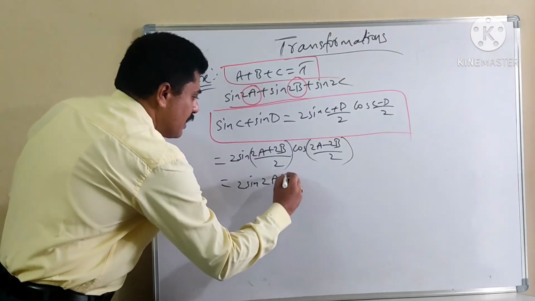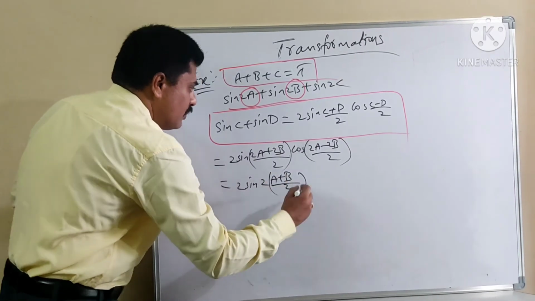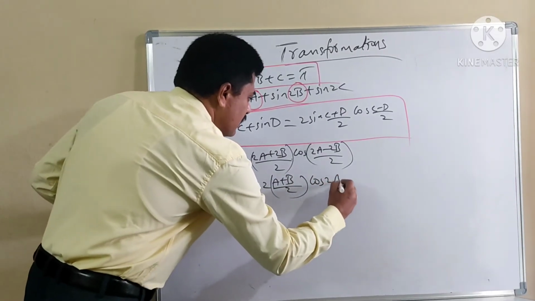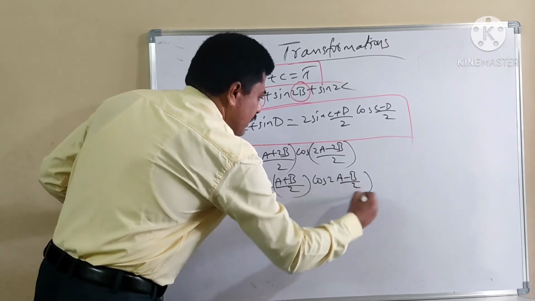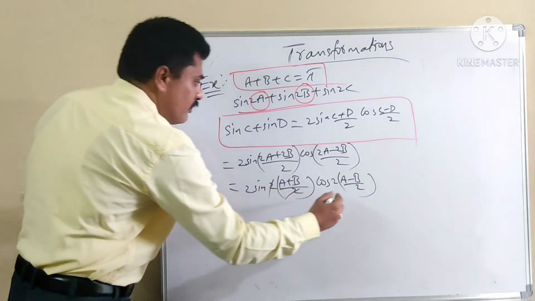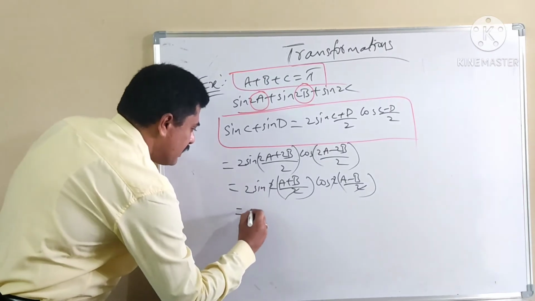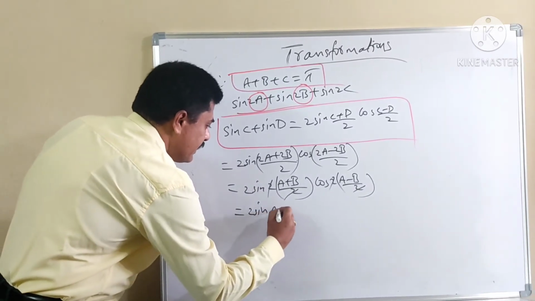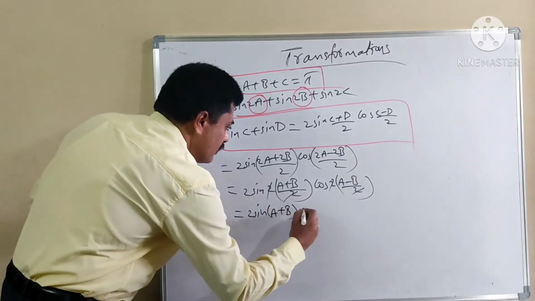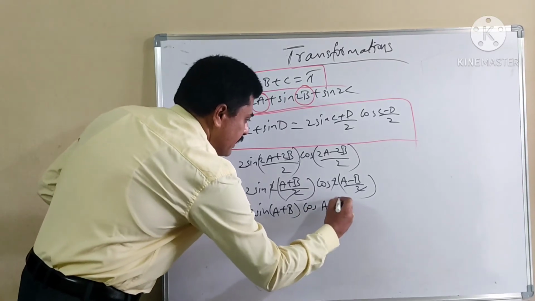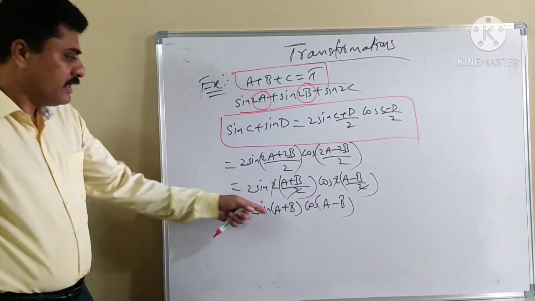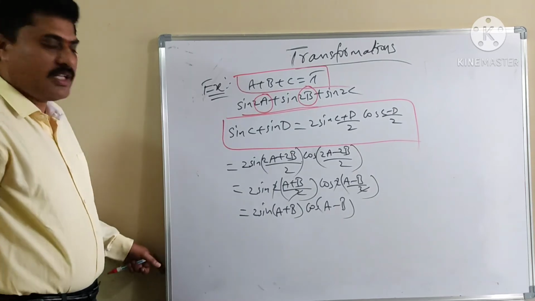When we take 2 common, this becomes A plus B by 2 into cos A minus B by 2. So 2 and 2 will be cancelled. What is remaining? 2 sin A plus B into cos A minus B.